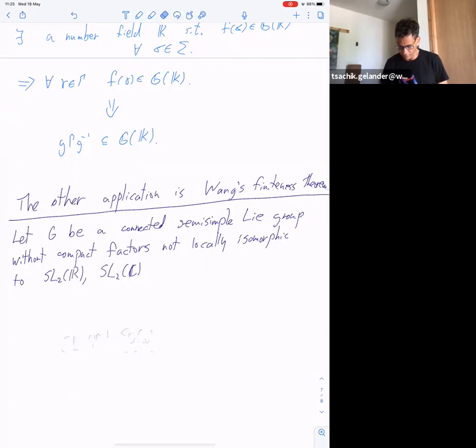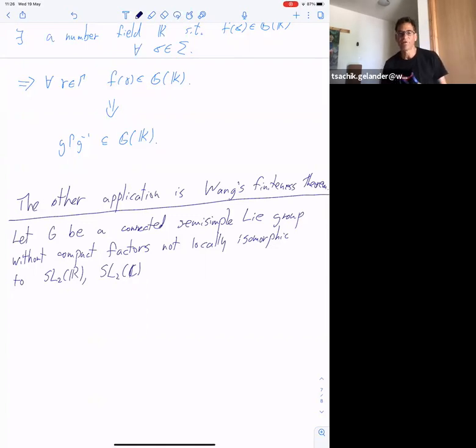There is one important parameter in the theory of semi-simple Lie groups called the real rank. Compact means real rank 0. Non-compact means positive real rank. Sometimes we require higher rank. But here I only assume without compact factors, and suppose that it is not locally isomorphic to SL2(R) or SL2(C), because I'm going to use local rigidity, and for this application the relative local rigidity which we have in SL2(C) is not sufficient.